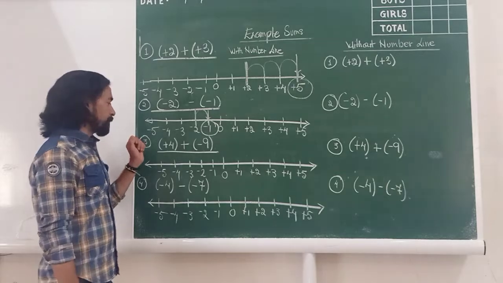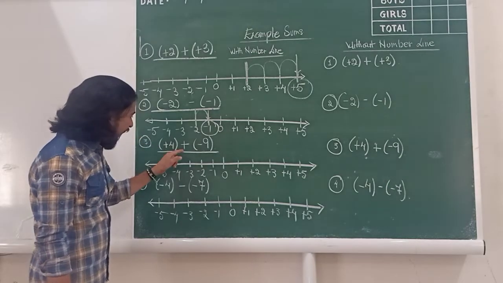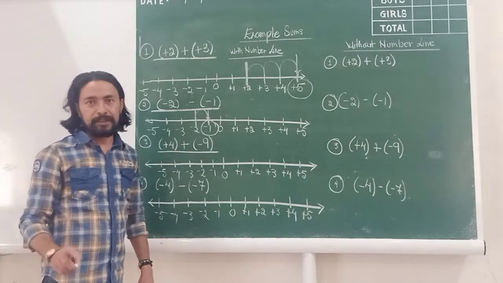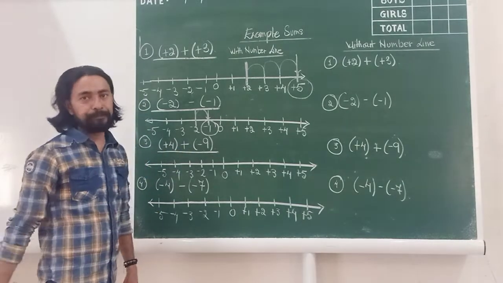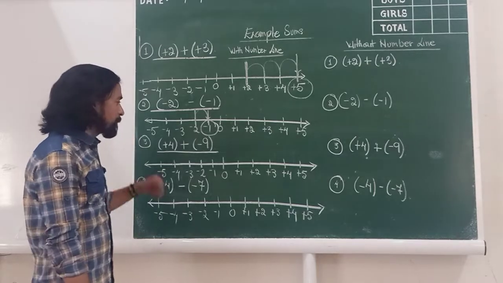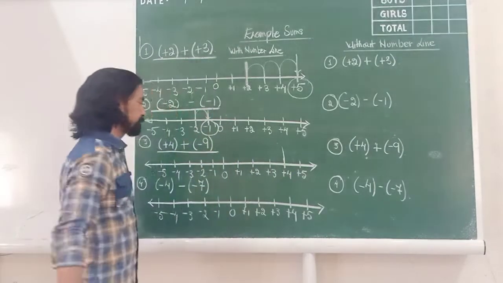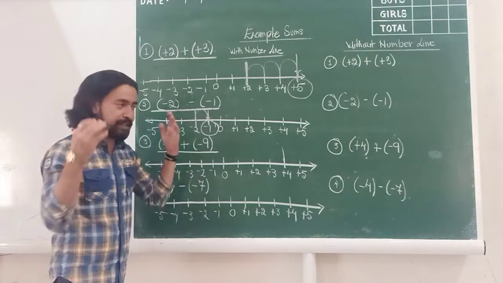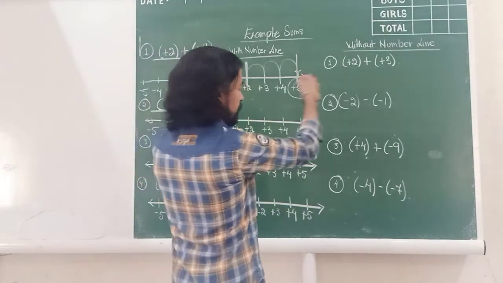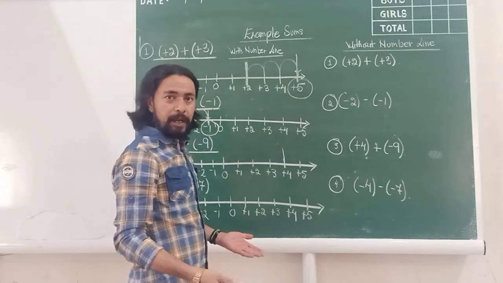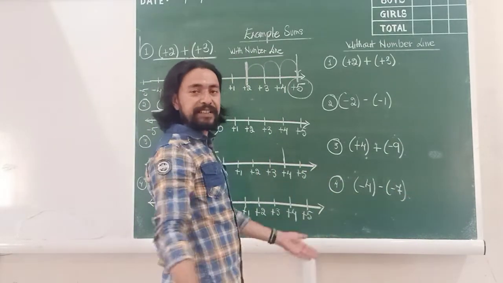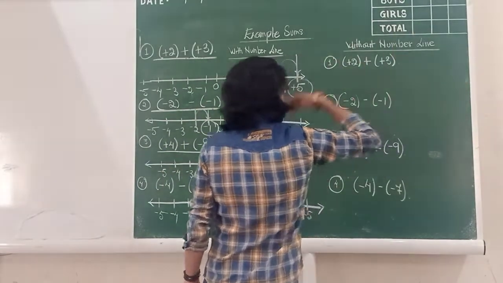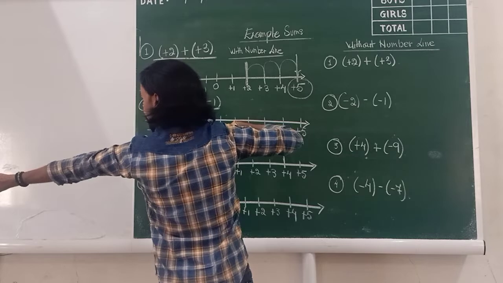Let's go to the next one. +4 add -9. Remember, this is add, this is not plus. This is telling you the operation. Where's my +4? Here's my +4. Add negative. Let's face the number line and do that exercise again. Add positive. Subtract positive. Add negative.